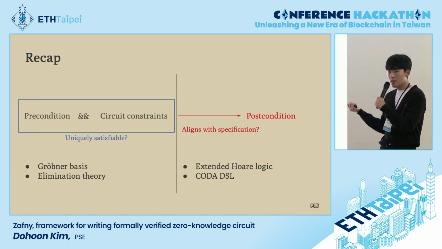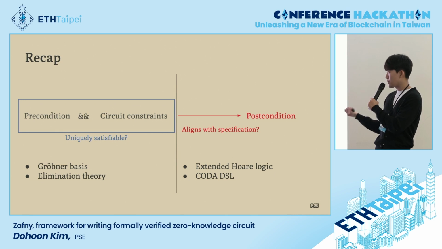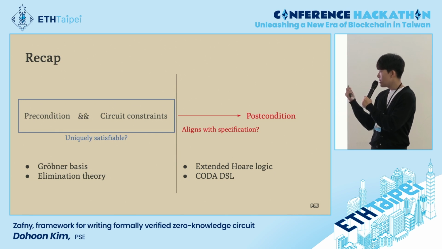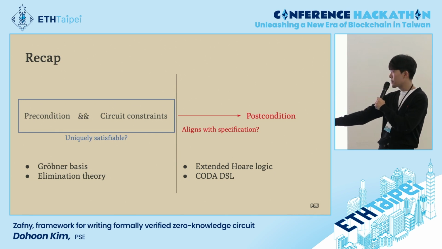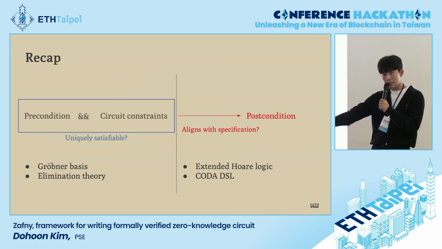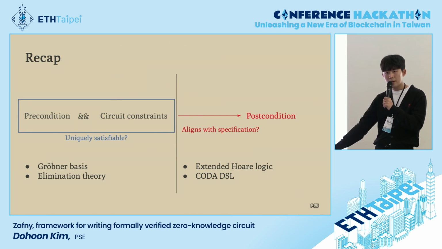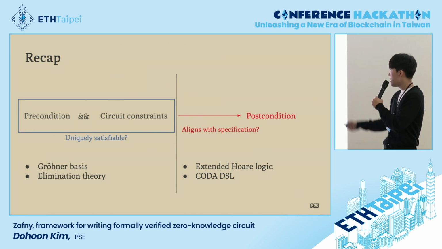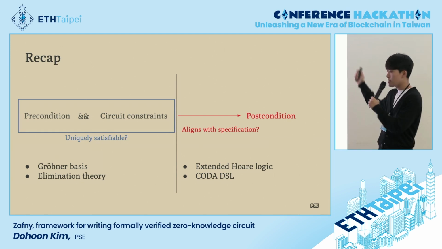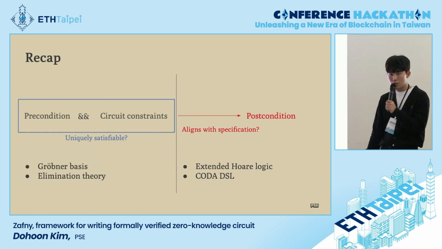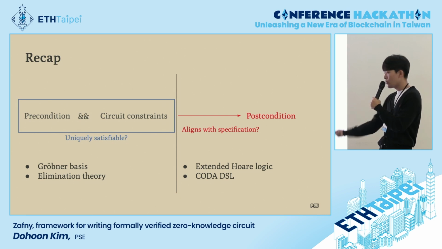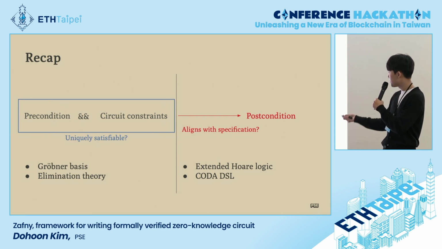So it is our specification problem. As we saw, this unique satisfiability problem can be handled with Gröbner basis or elimination theory, like various algebraic methods. And the specification problem can now be handled with this extended Hoare logic or the new Coda DSL from the previous slide.